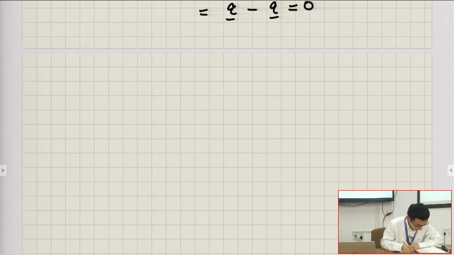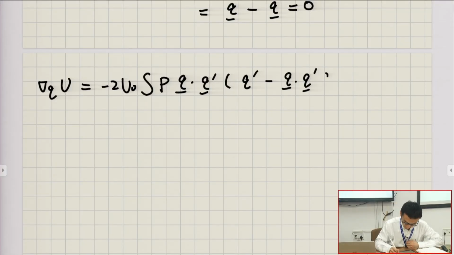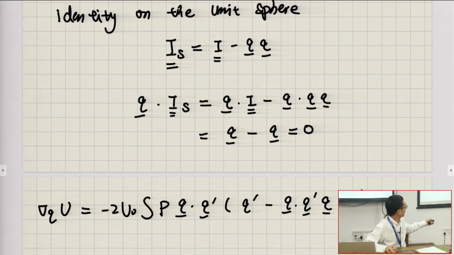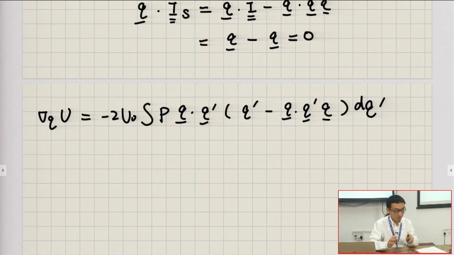What we have is the following: grad_Q of U is minus 2U naught integral of P Q dot Q prime minus Q dot Q prime, then times Q dq prime. I've substituted in this derivative and written that out explicitly. So that's what we have to integrate.